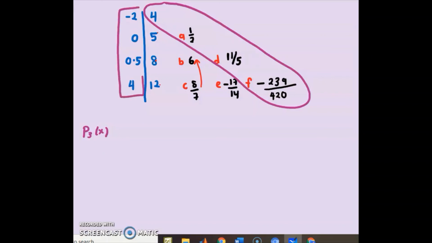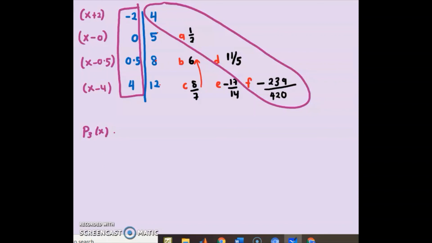So these are all my x values. To get x equals negative 2, I must write x plus 2. Now to get x equals 0, I write x minus 0. To get 0.5, x minus 0.5, and x equals 4 can be obtained by writing x minus 4.